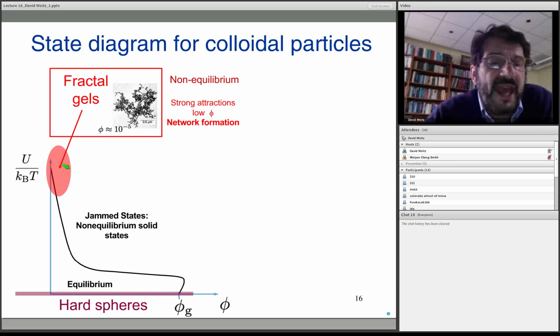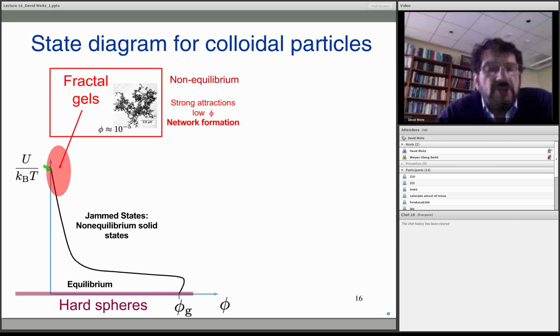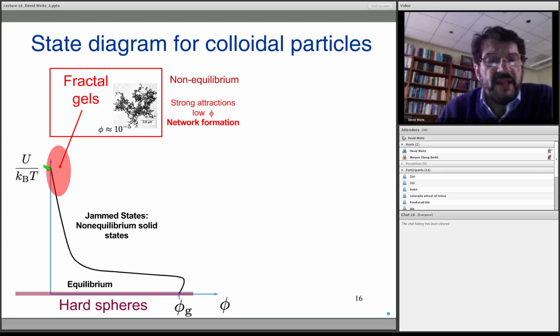But if you can wait, you will ultimately form a gel, a continuous network. There's a lot known about these gels. Again, I don't have time to discuss them, but you can measure both with optical techniques the fluctuations of the gel, and using mechanical measurements, you can measure the strength of the gel. You can measure the fact that they're elastic, and you can actually predict the elastic constant of the gel quite precisely.